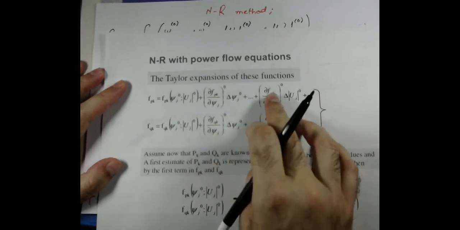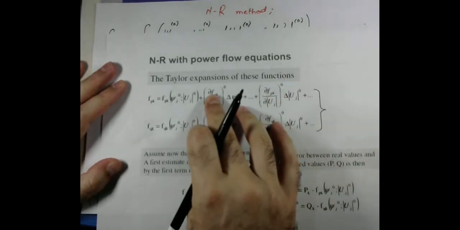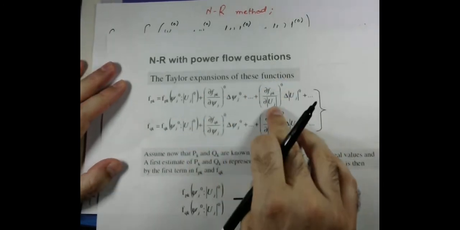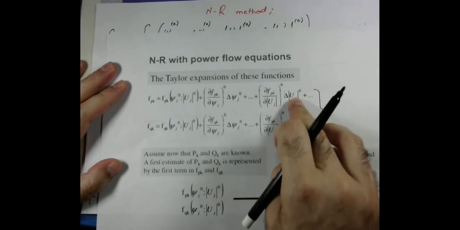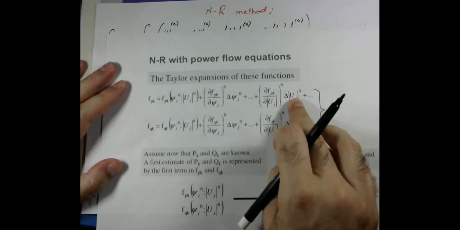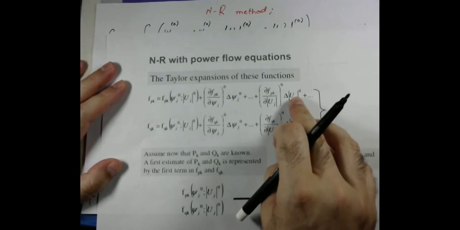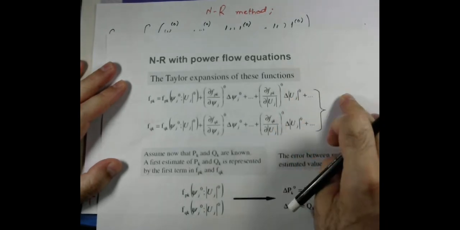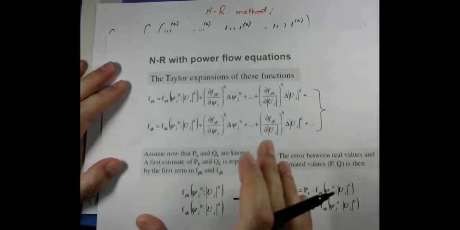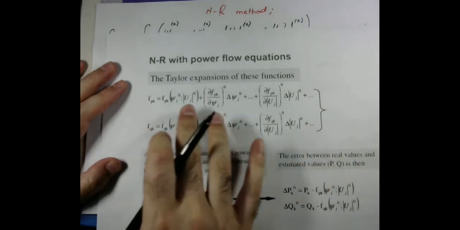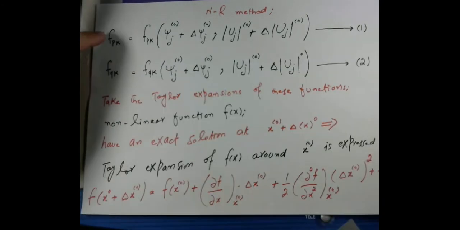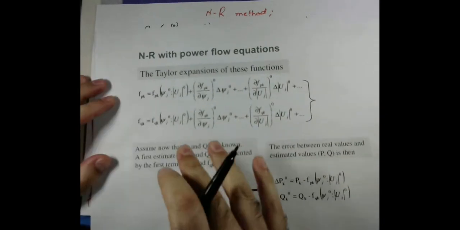Similarly, we take the derivative of the function with respect to the voltage magnitude, and we multiply it with the error in the first estimate, and similarly the higher order terms can be written. Confining it only to the two terms, the expansion of the functions looks like that.